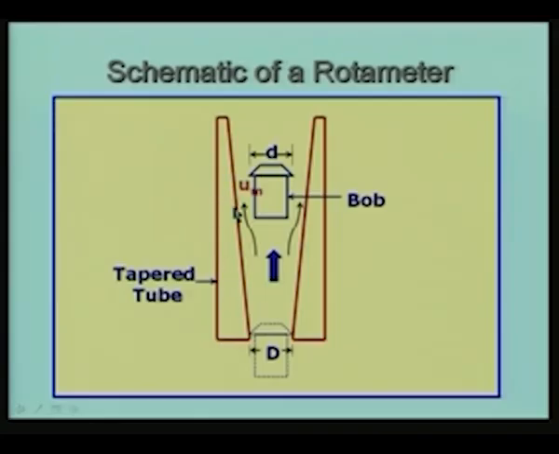So, you actually measure only the y, the scale reading on the periphery of the taper tube, and from that you multiply by a constant capital C, which is called the gauge constant for the rotameter, and you have the volumetric flow rate. Rotameters are made for applications with gases and with liquids. They can span very large range of values for the volumetric as well as the mass flow rate.